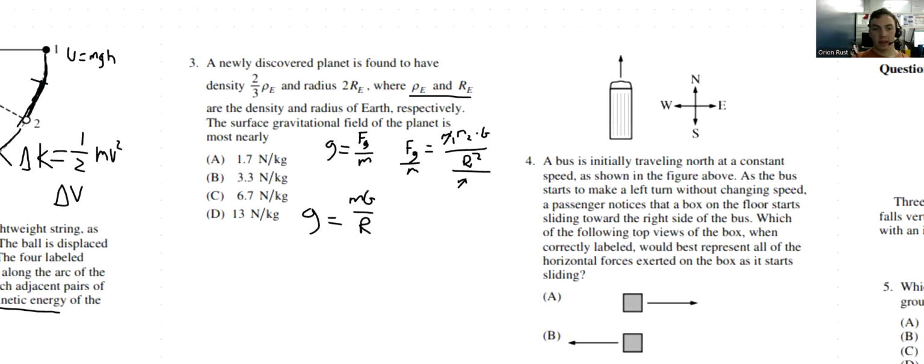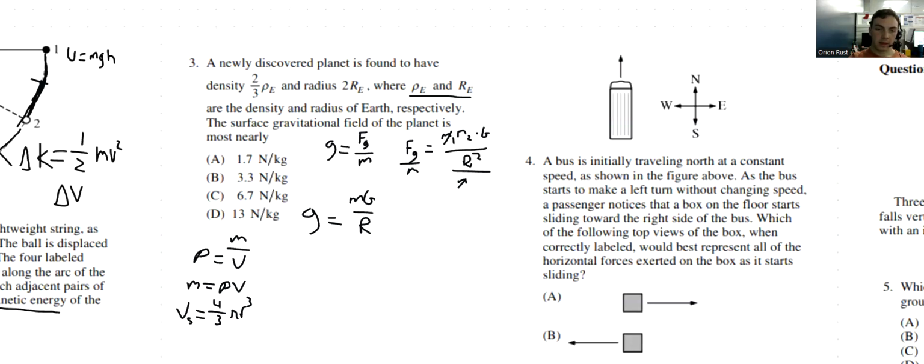We also know that density is equal to mass divided by volume. And so instead of m, we can substitute density times volume. But what's the volume of a sphere? The volume of a sphere is 4/3 pi r cubed, excuse me.